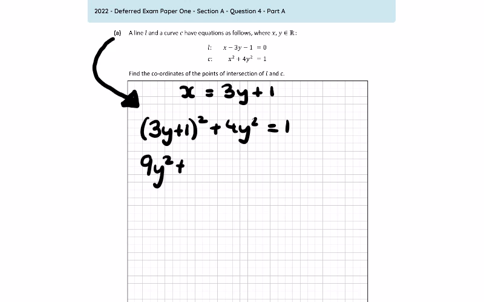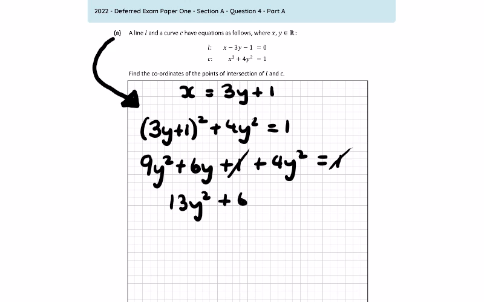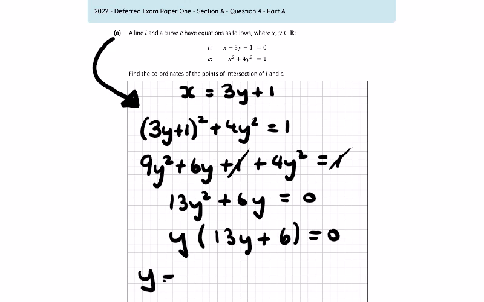You get 9y squared plus 6y plus 1 plus 4y squared equals 1. The ones cancel. We're going to get 13y squared plus 6y is equal to 0. Factor out your y to get y times 13y plus 6 is equal to 0. So y is equal to 0 with the first bracket, and with the second bracket y is equal to minus 6 over 13.